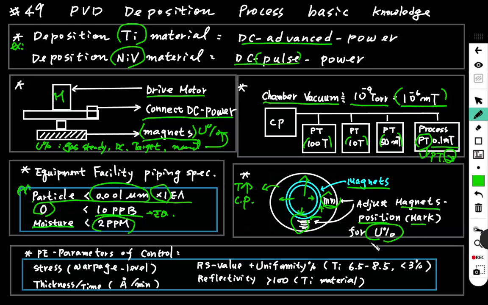If you have a uniformity issue, you can adjust the magnet toward the uniformity bad places. Then deposit the metal again to see, trial and error. The final position is the best condition, and we mark it.